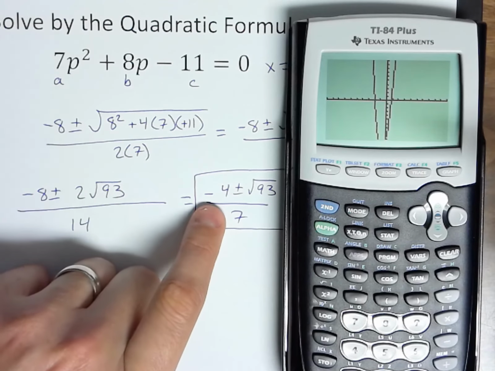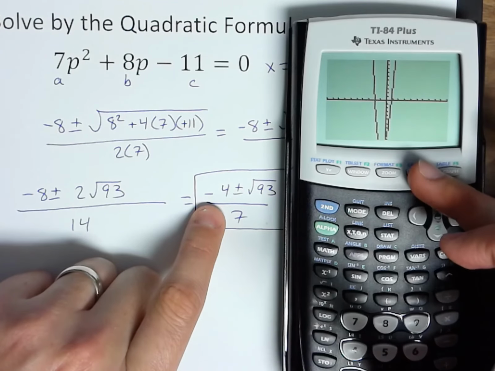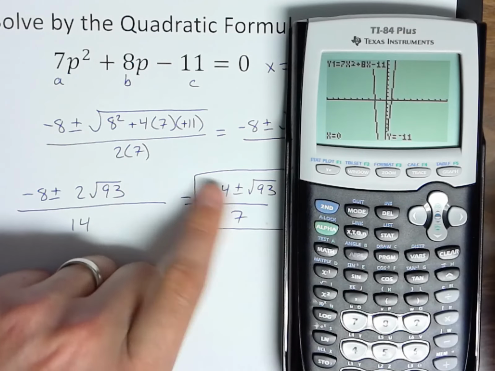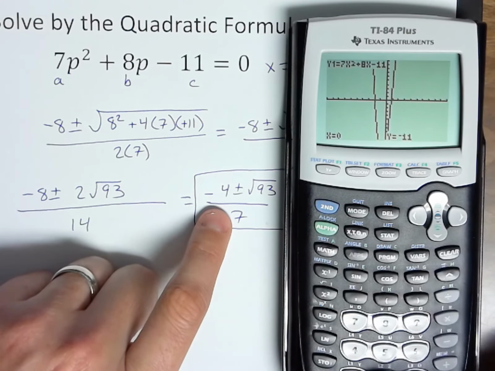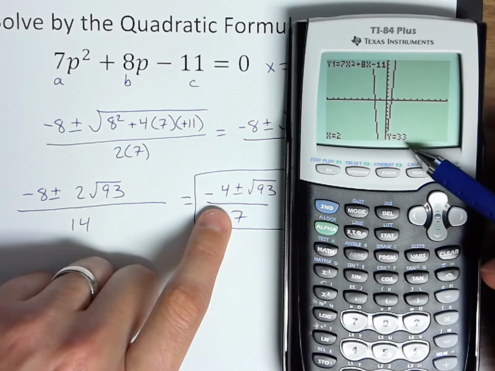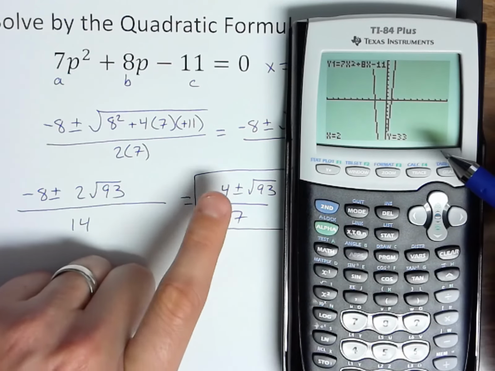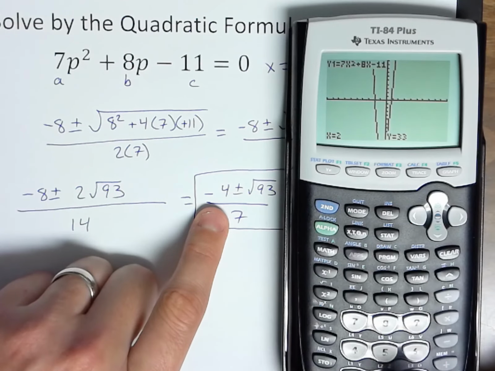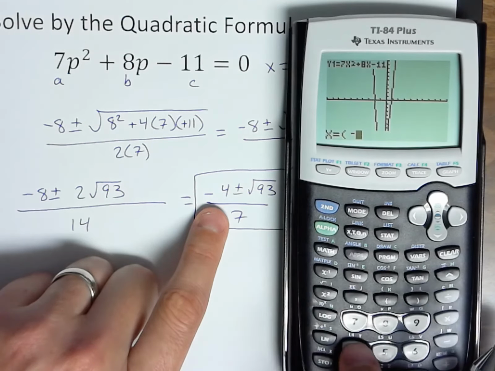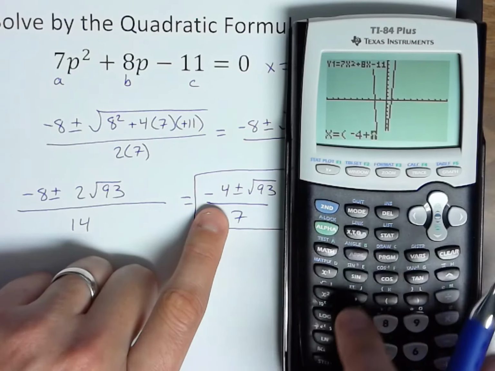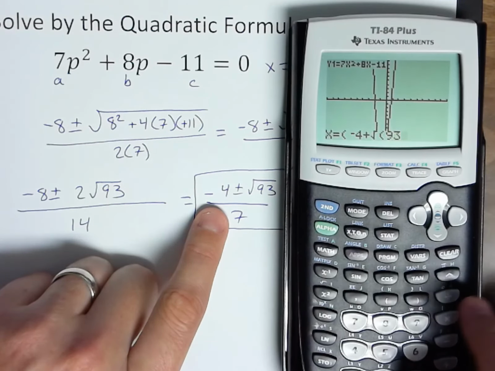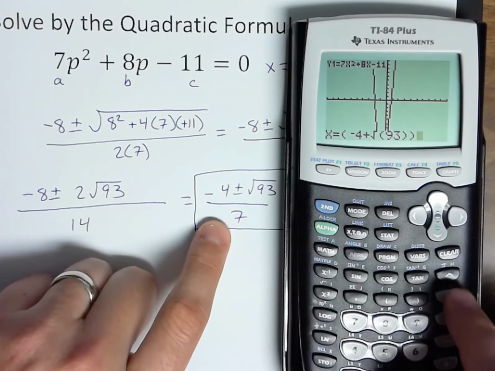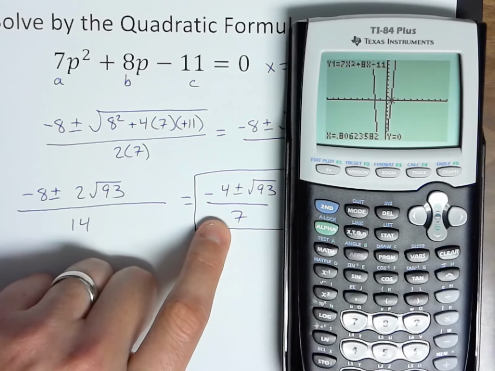So the easiest way to check this, you could just go to your trace menu and you can plug values in. So again, if I do like 2, it tells me the y value that goes with that. Well, in this case, I want to know if this x value gives me 0 for my y value. So I'm going to do negative 4 plus the square root of 93, all divided by 7.